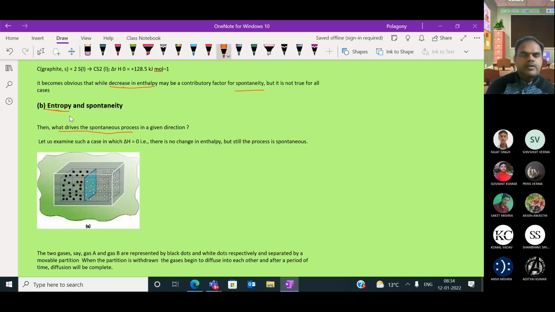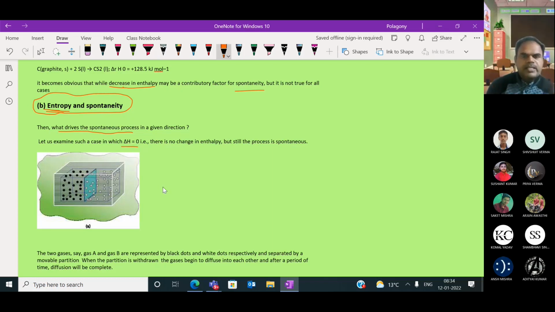Now we'll talk about how entropy is related to spontaneity. For understanding this new thermodynamic word, entropy, we have to discuss that there is spontaneity even without change in the enthalpy.